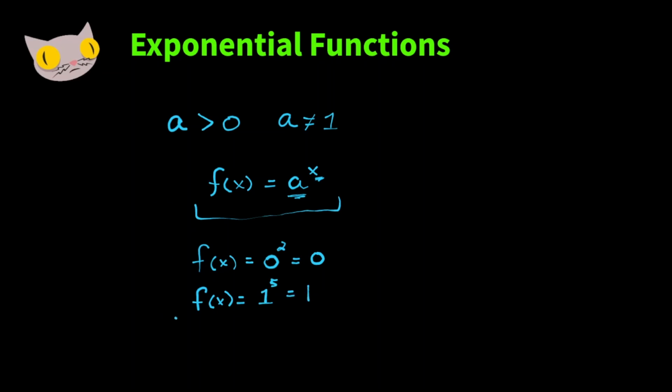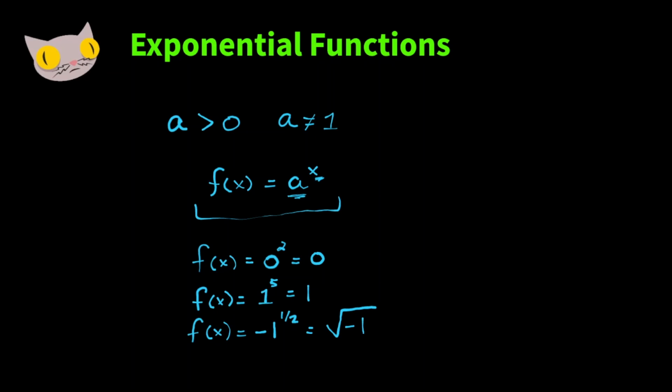What if a is a negative number? Well, if a was a negative number, and we had, say, f of x is equal to negative 1 to the 1/2 power, we would get the square root of negative 1. So we avoid negative numbers because we don't want to get any complex values out of the function evaluation. Ideally, we want our solution to be a real number.